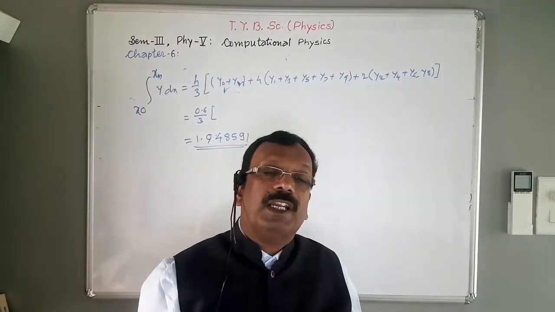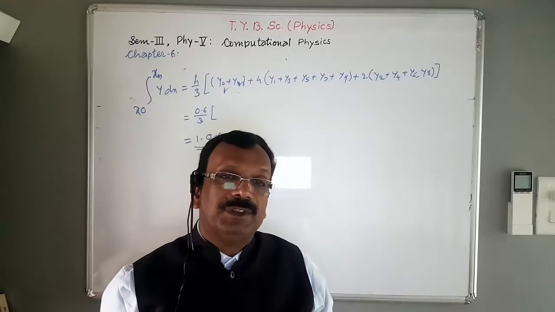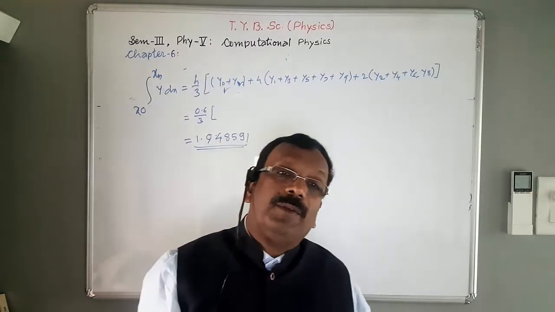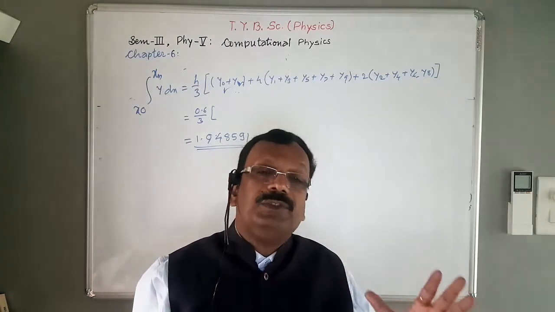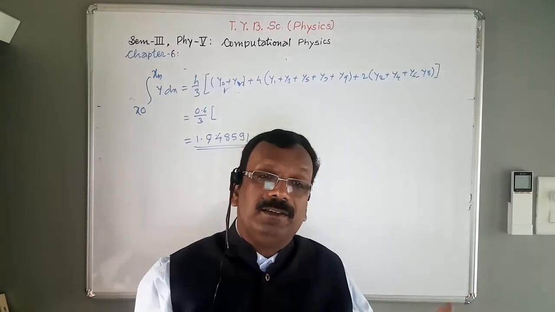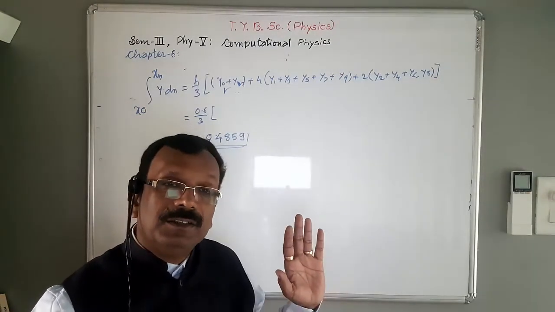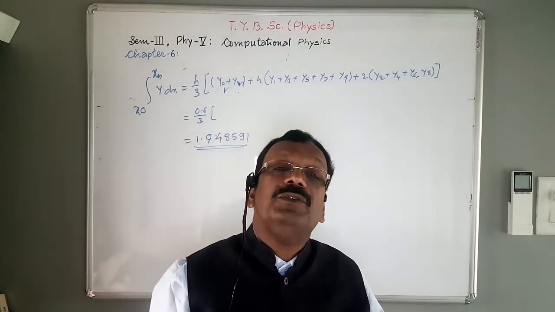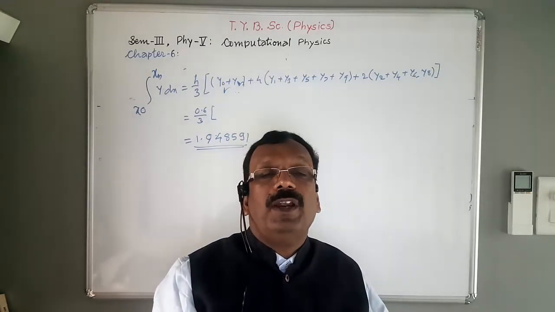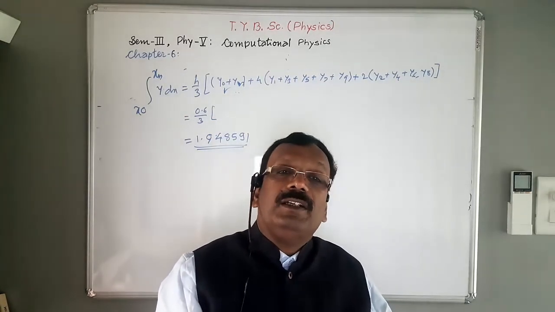If you studied the examples of the trapezoidal rule and Simpson's rule, and if you studied the algorithm and flow chart, and also the C program which we developed in the previous lecture, then I hope that you can easily develop the algorithm, easily draw the flow chart, and develop a program to find the integration by using Simpson's 1/3 rule. I hope that you can do this.